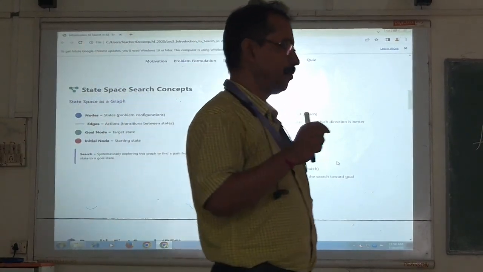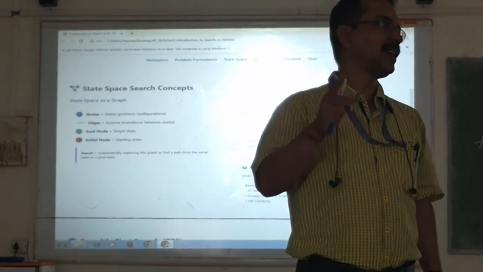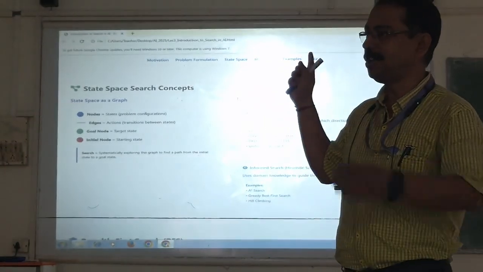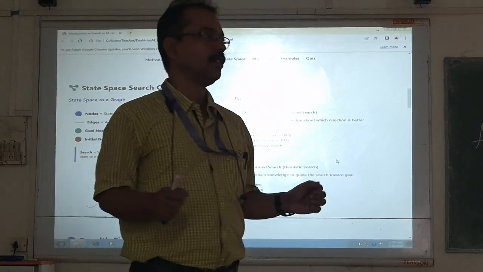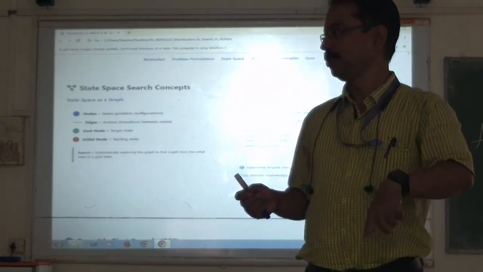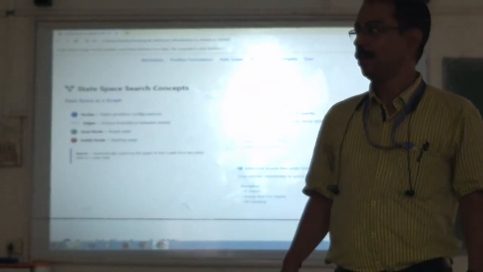That is the strategy. So in that case, the agent didn't have any information about the search space. That is why it is known as uninformed. Is it or not? Okay.